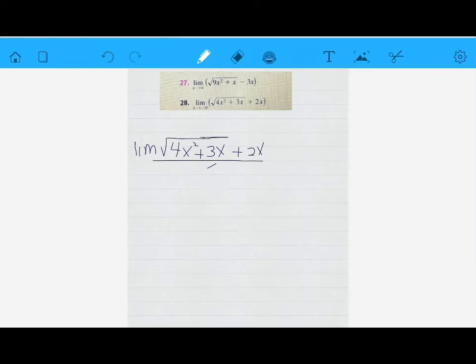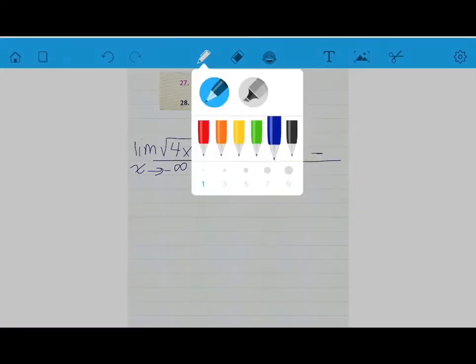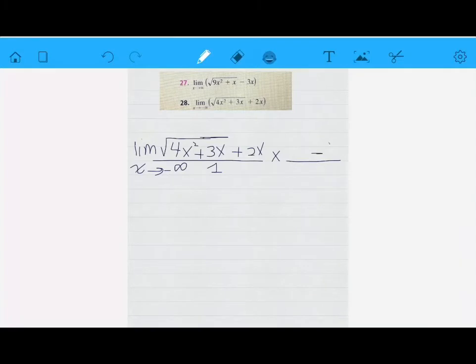We can say over 1, no problem, it's the same. We multiply with the conjugate: the same radical, and plus changes to minus. I will not repeat it, but you understand that we have the same radical, 4x squared plus 3x.